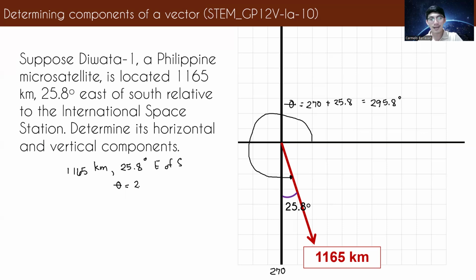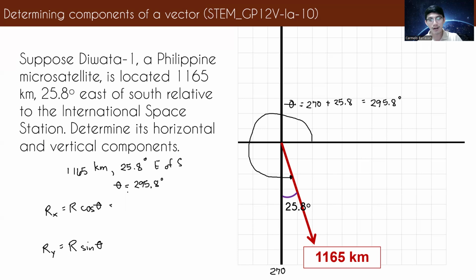So our standard angle is 295.8 degrees. Clear? So we can get our horizontal component Rx, which is just R cosine, again, x is cosine of an angle, and our Ry is R sine of an angle.